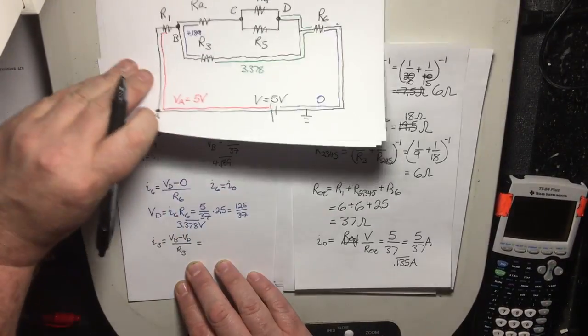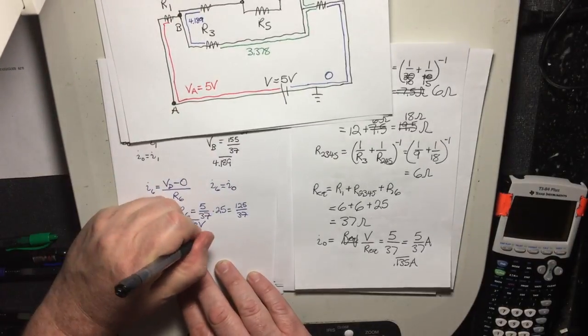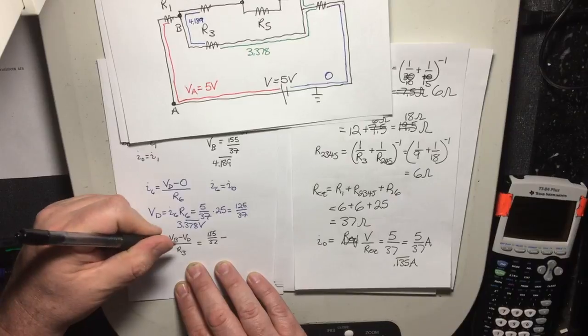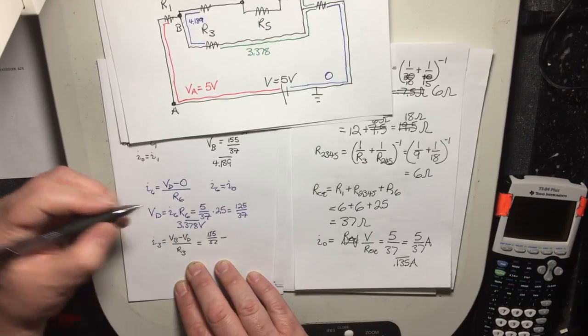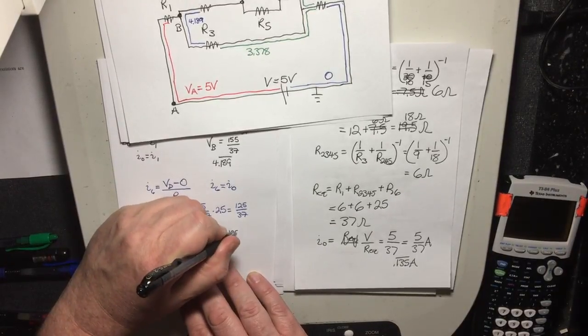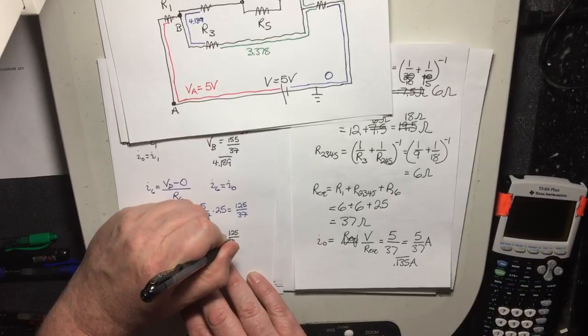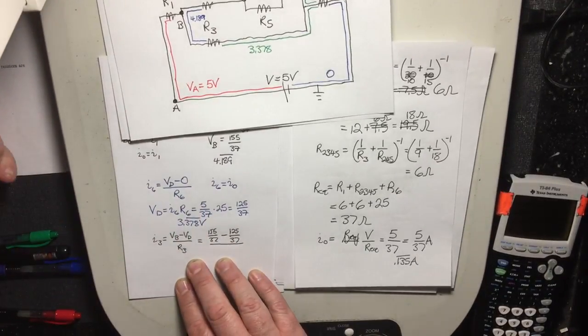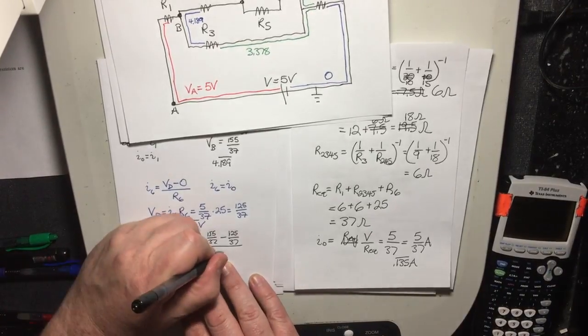The VB is 155/37, the VD is 125/37, over R3, which is 9.